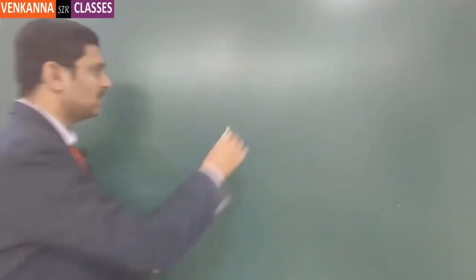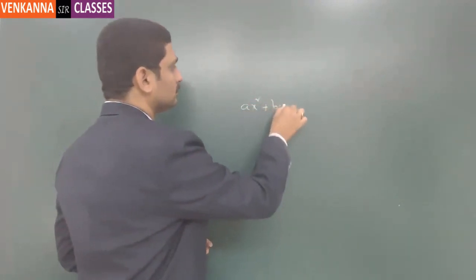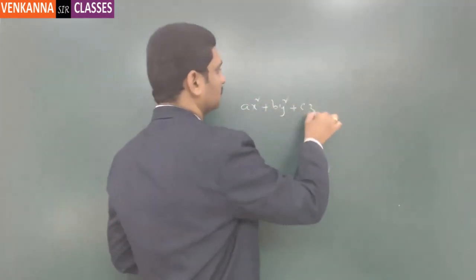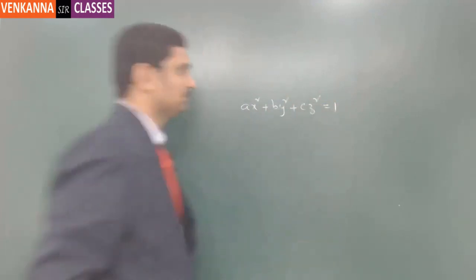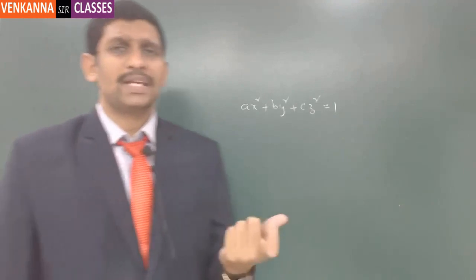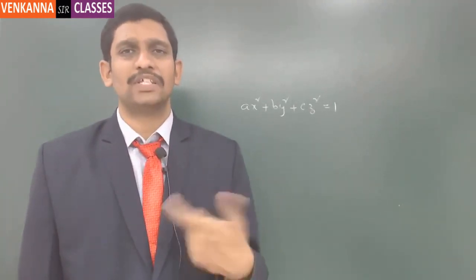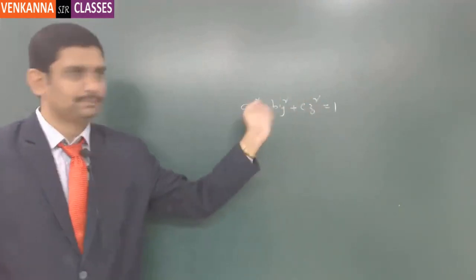So we consider the equations of the form ax square plus by square plus cz square equal to 1. In a simple way, if you take 1 by a square is equal to a, 1 by b square is equal to b, 1 by c square is equal to c, this thing will come.